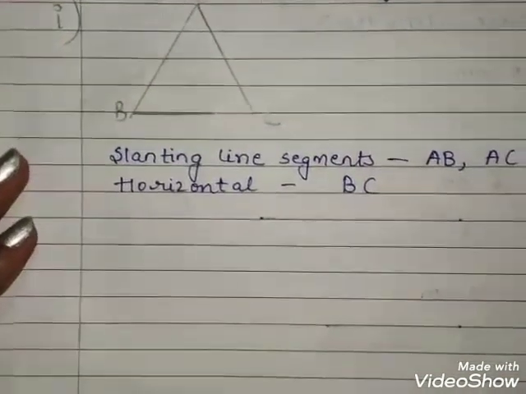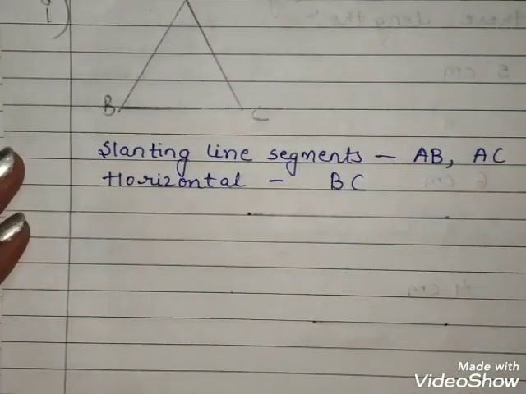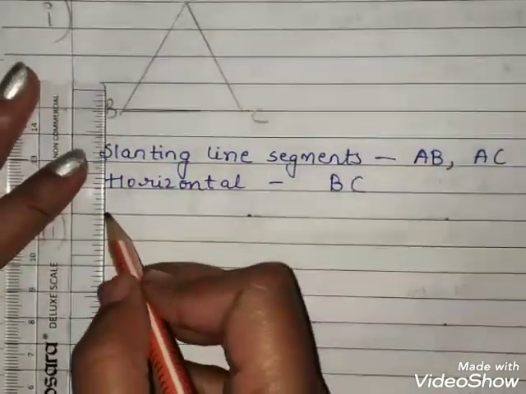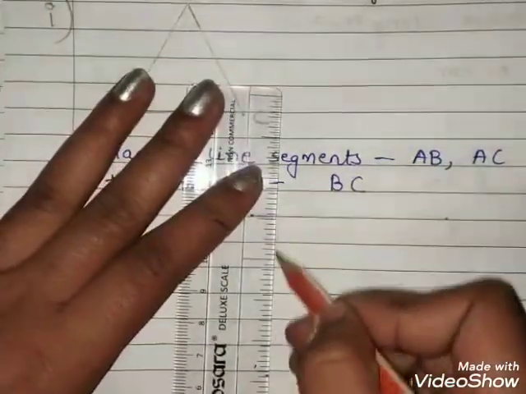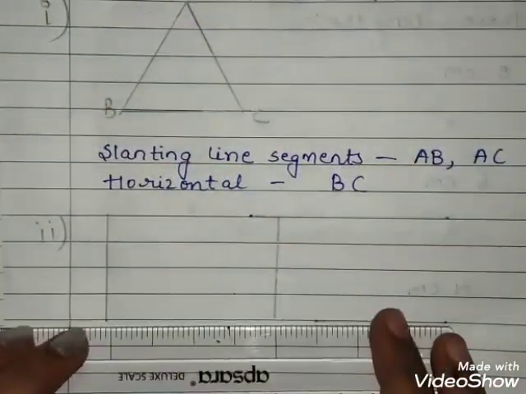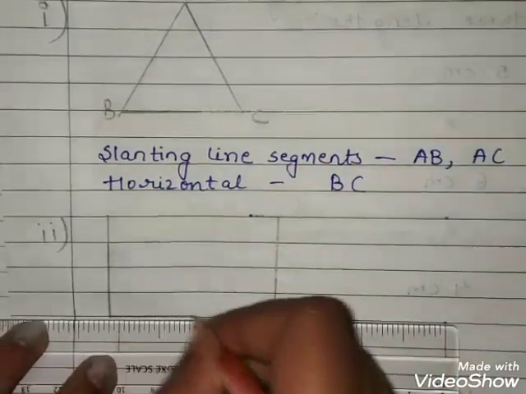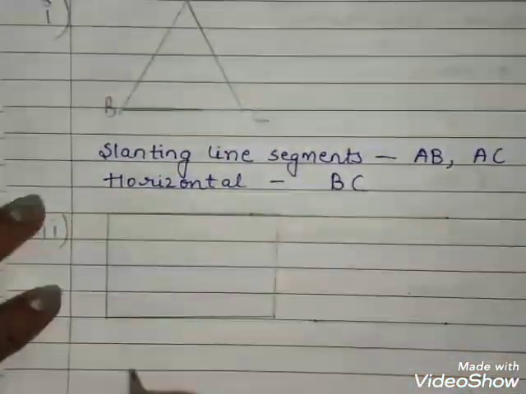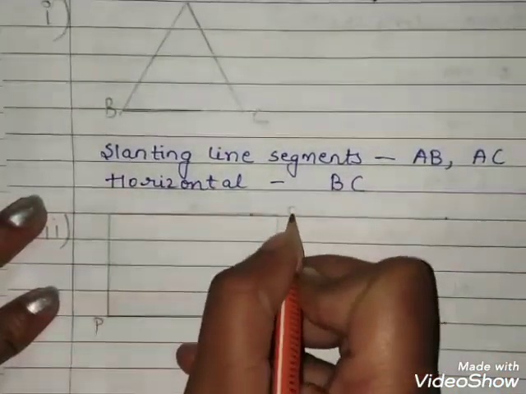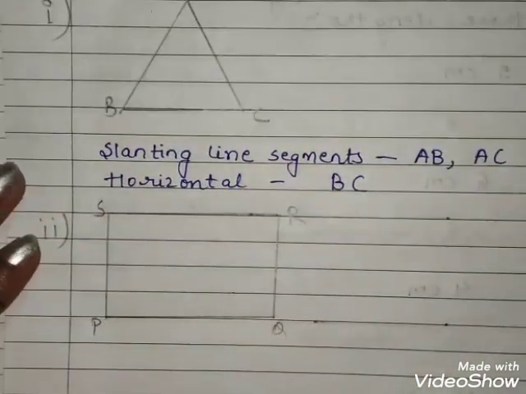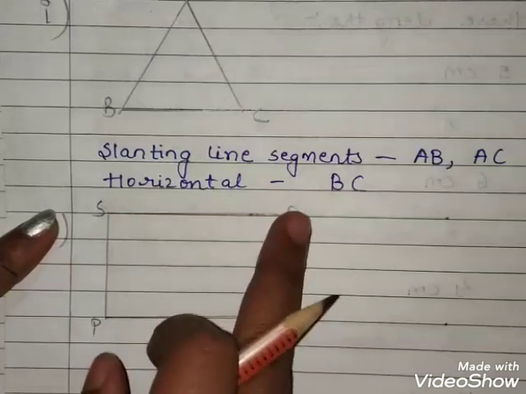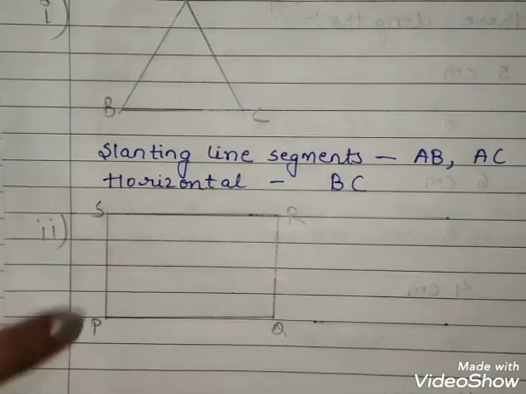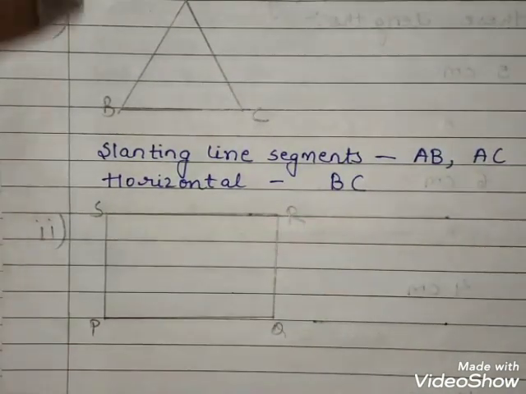Now moving to the next question. Here there is one rectangle and we can see that two lines are vertical in this rectangle and two lines are horizontal. So P, Q, R, S, right? We can see that PQ and RS, these lines are horizontal, and SP and QR, these lines are vertical.